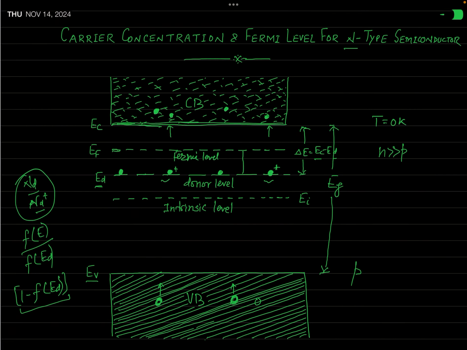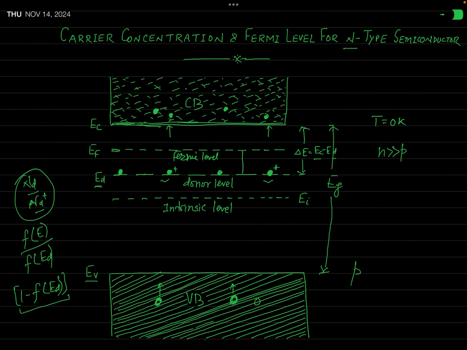As temperature is increased, this Fermi level will move downward, cross this donor level, and finally this Fermi level coincides with the intrinsic level. Now the Fermi level will be at this value, which is equal to Eg divided by 2, where Eg is the band gap.